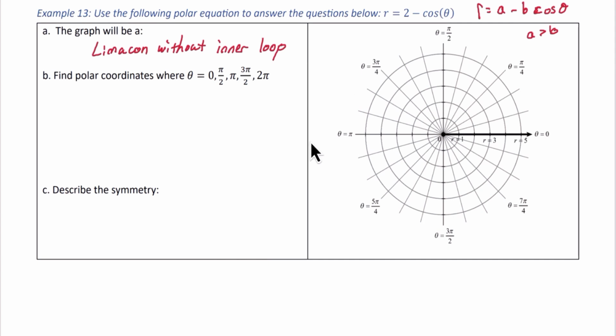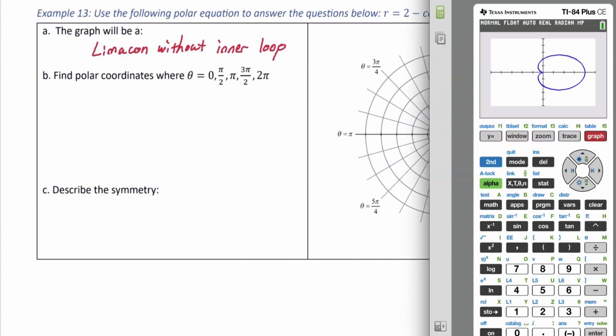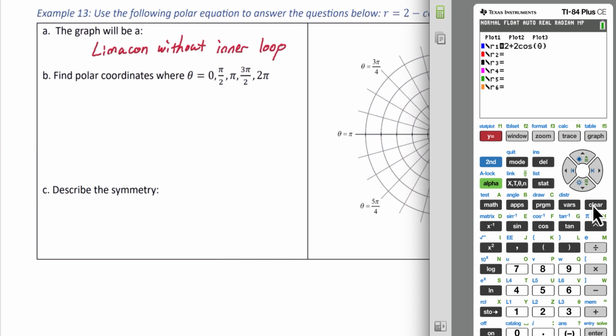And now to get the polar coordinates, let me just remind you of how we could do this in the calculator. I'm going to go to y equals and change that equation. First of all, r equals 2 minus cosine theta. So we can see what this looks like. I'm going to zoom 6 to standardize the window and maybe zoom in a little bit.